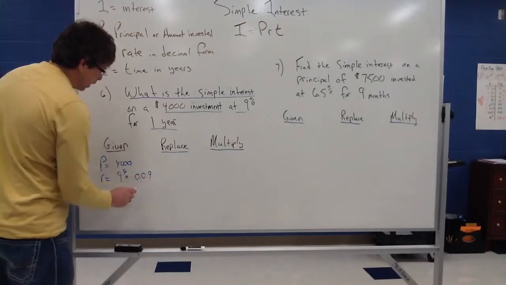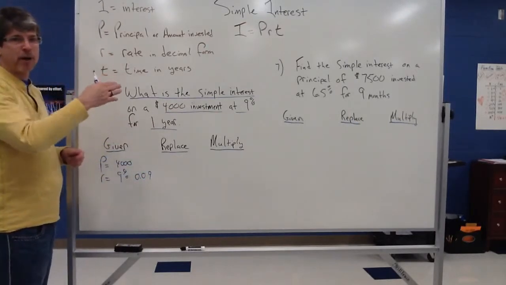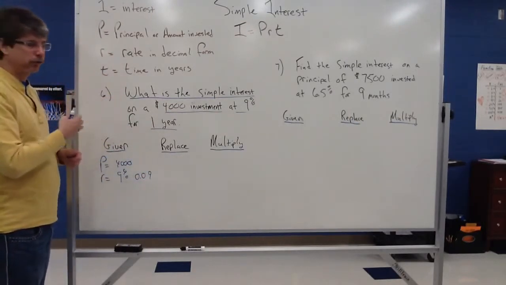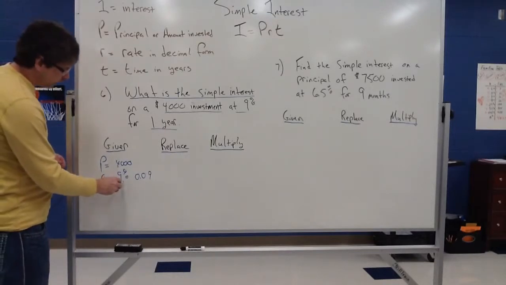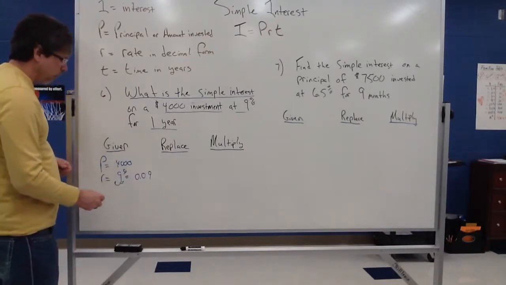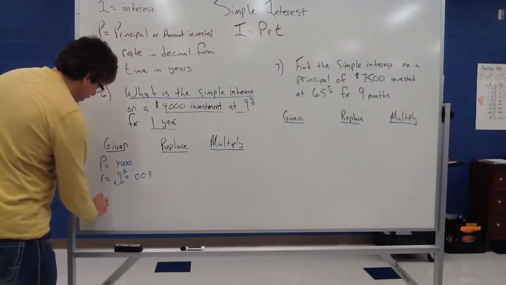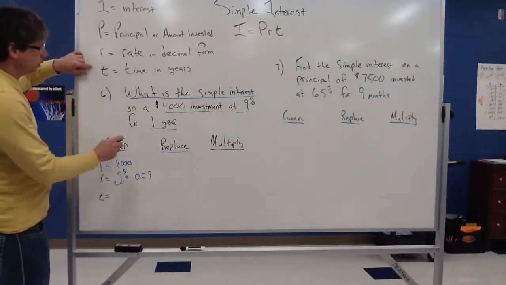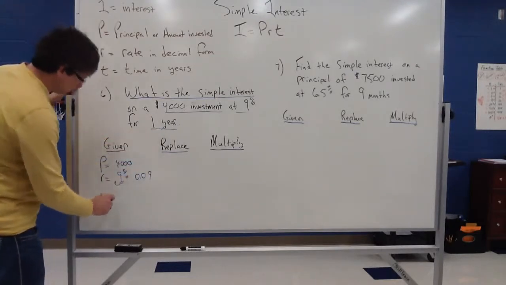Remember, percent means to divide by 100, or move the decimal 2 places to the left. So if I slide that decimal 2 places to the left, that gives me the decimal form of 0.09. My time in this case was also given to us. That was 1 year.